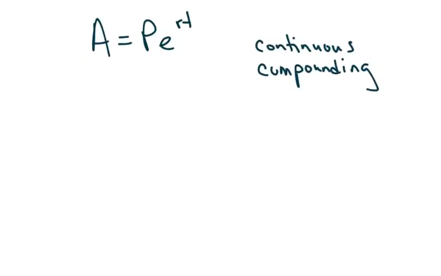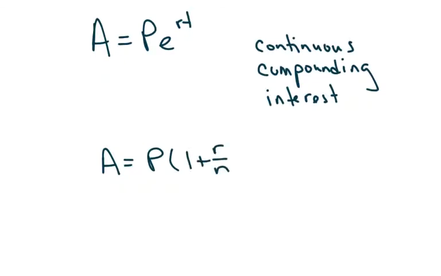There's also a money equation involving e. This is the continuous compounding interest equation. It's a little different from the other compounding equation. The other equation, A equals P times 1 plus r over n to the nt, is for all other compounding of interest except for continuous.